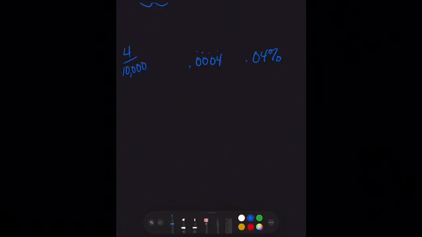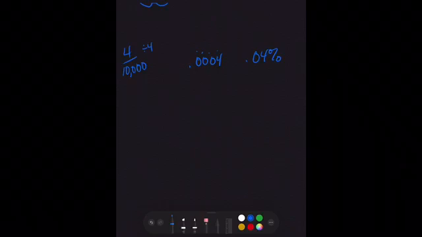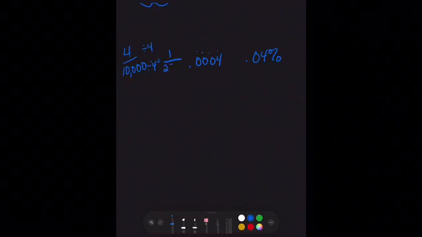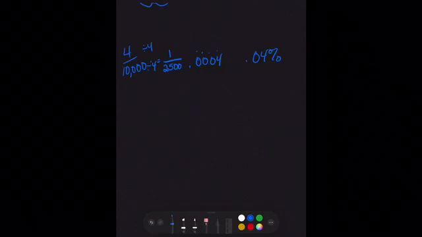Can that be reduced? Yes, it can. We can divide by 4, and we get 1 over 2,500. Okay, so I do want you to finish that chart, and anything you don't understand, we will go over together in class.